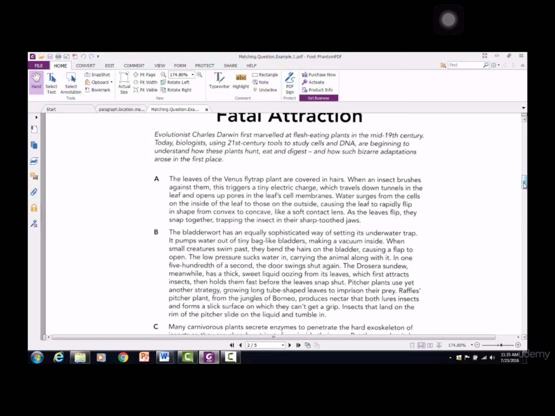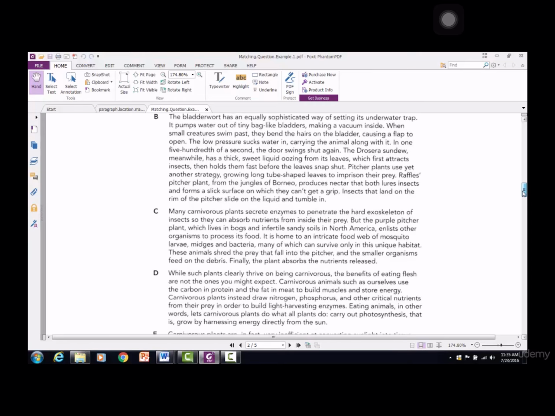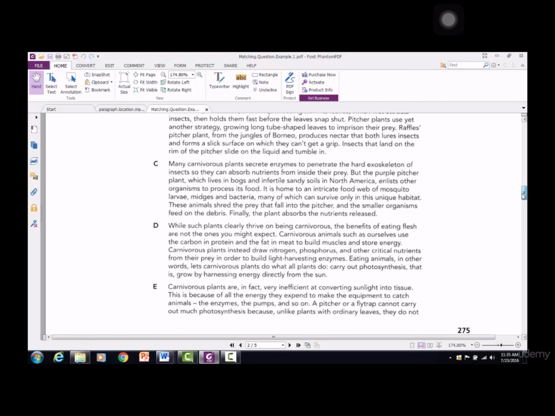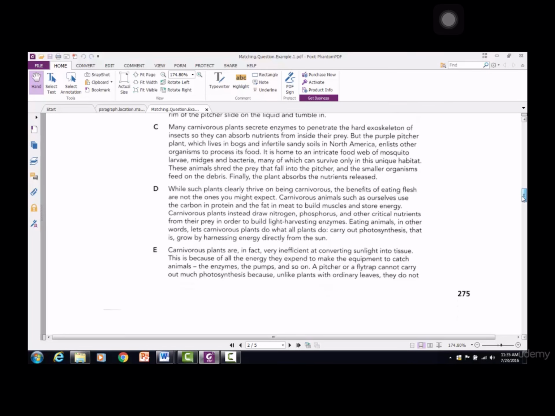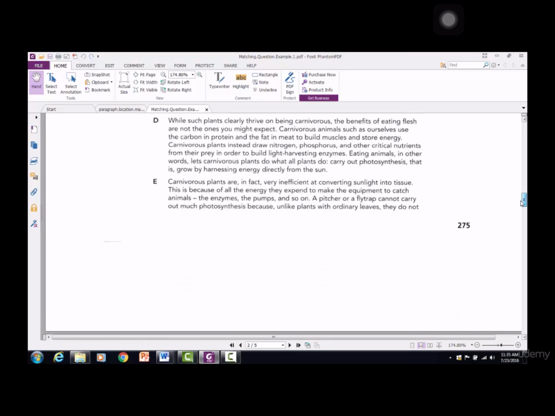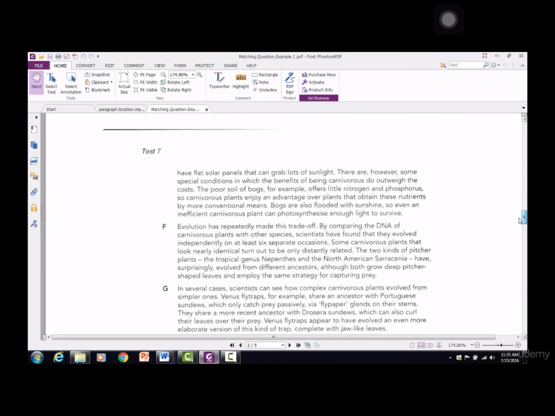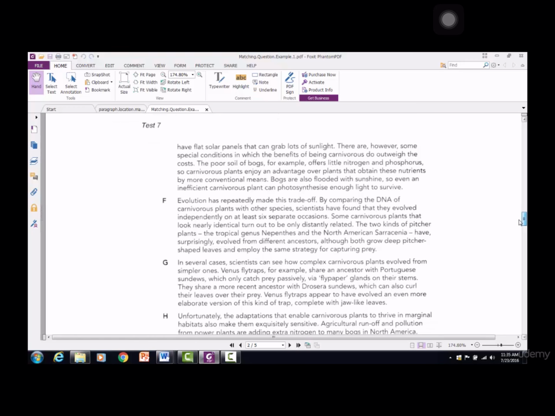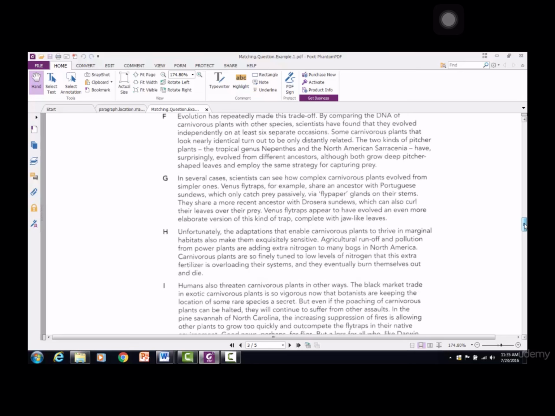All right, so it looks like this one is lining up. Yep. And here we have something about Venus flytrap again. Venus flytrap, Drosera sundew. So we have them appear a couple of different times.